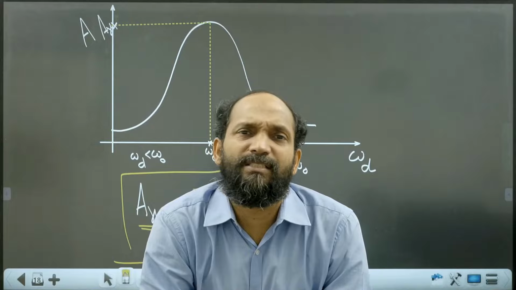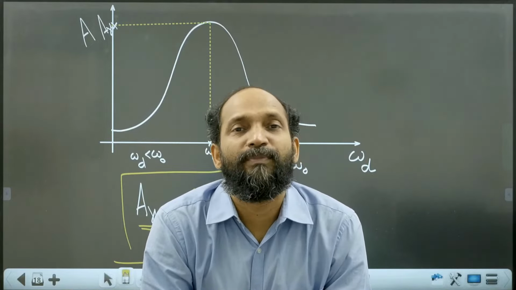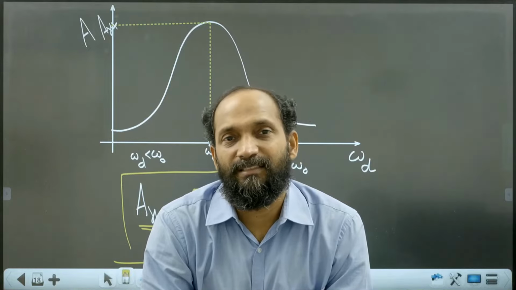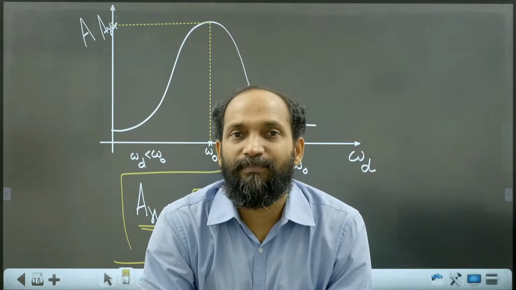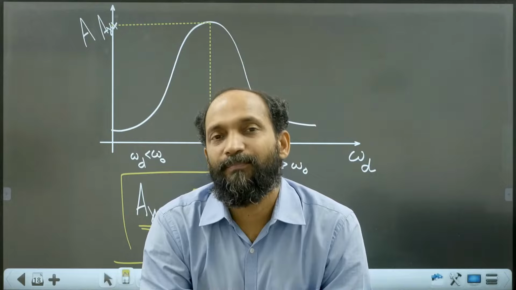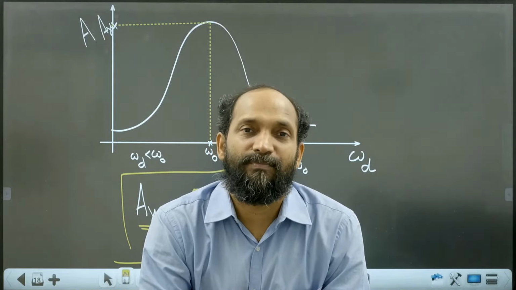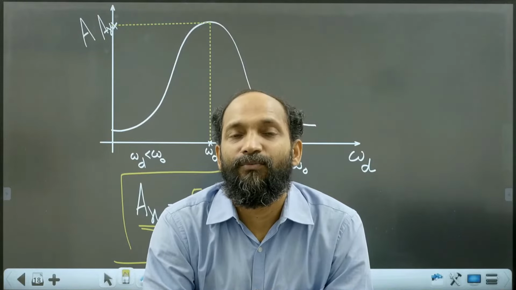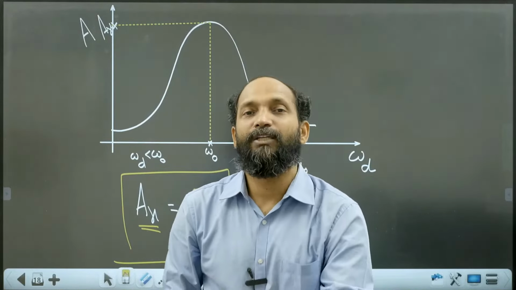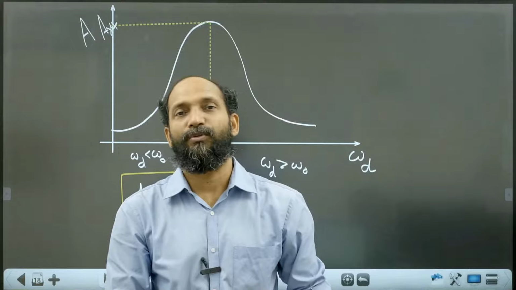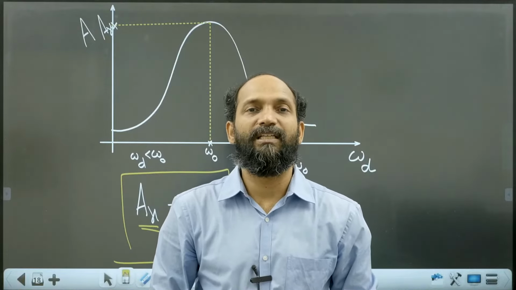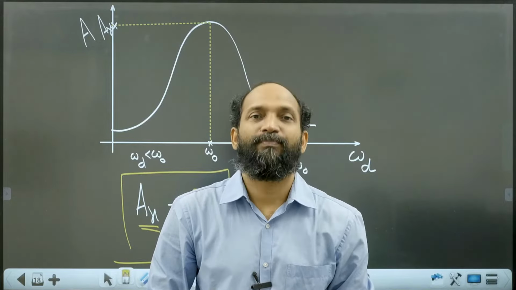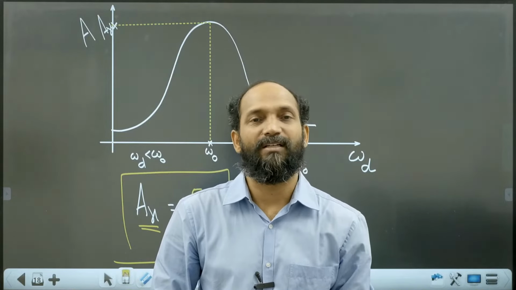Many applications are there. While you tune your FM channel, 91.9 like that, you are tuning a resonance circuit, an electromagnetic circuit. When you manually adjust the frequency in your mobile phone and it is slightly less than that characteristic one, some noise is heard.